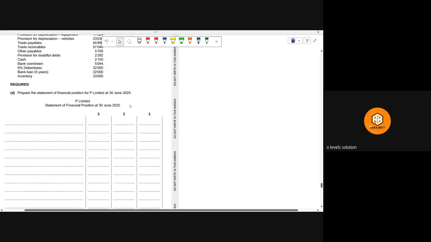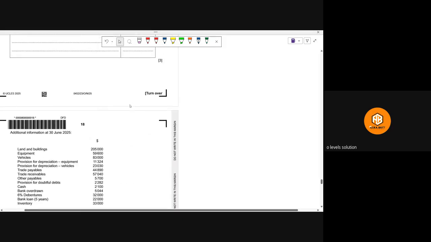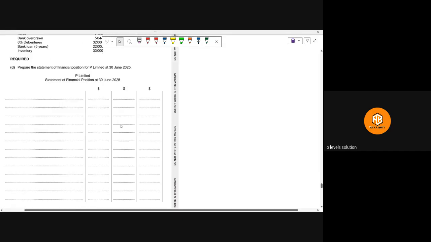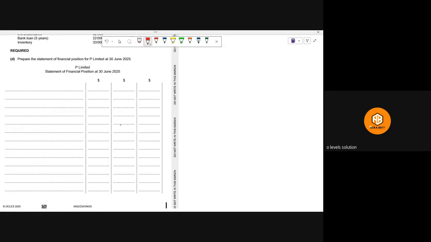You should prepare a statement of financial position. So for this, first of all, we will write the non-current assets. Here we will write the cost, the accumulated depreciation, and net book value. This part is pretty easy, so let me see, I can do one myself.